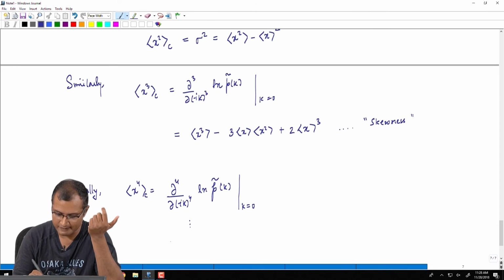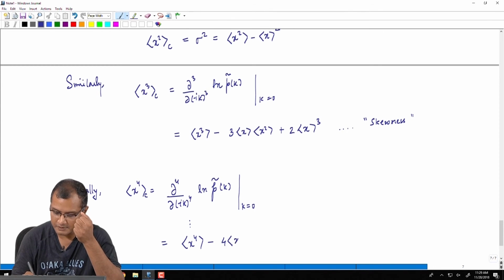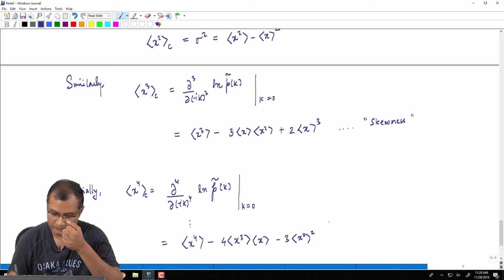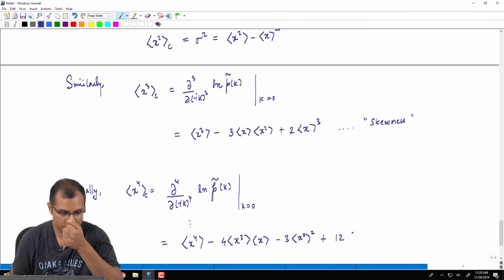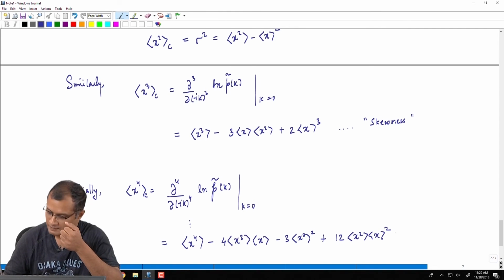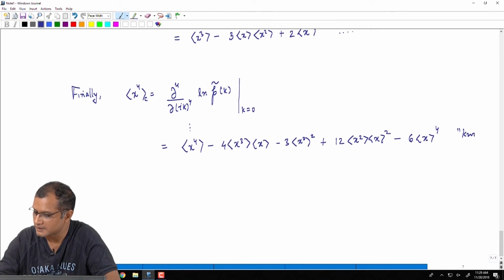And if you derive this, its expression would be mod x to the power 4 minus 4 times mod x cube into mod x minus 3 mod x square the whole square plus 12 mod x square into mod x the whole square minus 6 mod x to the power 4. And this is called kurtosis in statistical mechanics.